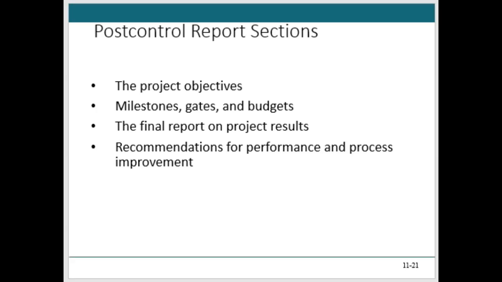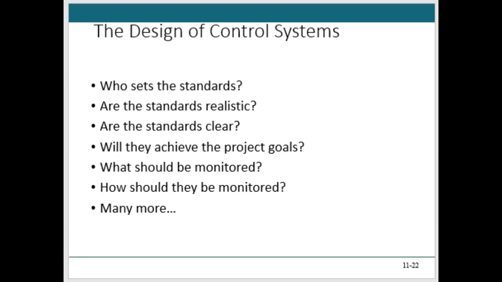Now we move into the design of the control systems, right? So irrespective of the type of control that we use, of the three we just talked about, there are some important questions to be answered when designing any control system. Like, who sets the standards? Will they achieve the project's goals, etc.? Are the standards clear? There are many more than are listed here. These are just some examples.